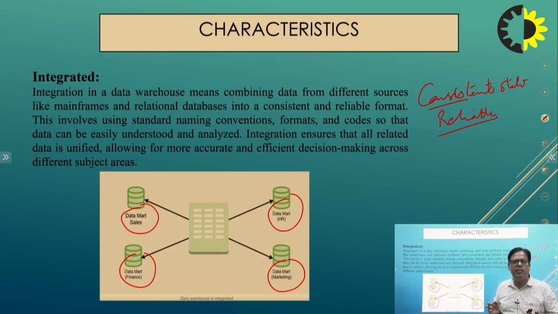There is no duplication allowed in the data warehouse. Reliable means we can easily access the data from anywhere. This involves using standard naming conventions, nomenclatures and formats, so that data can be easily understood and analyzed. Integration ensures that all the related data is unified, allowing for more accurate and efficient decision making across different subject areas. These are all the data marts and separate departments.